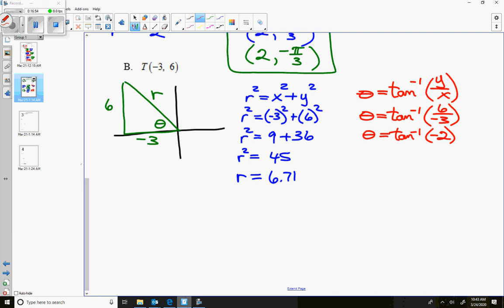So, reach for the calculator and do the tangent inverse of -2. My calculator, when I did this, was in degree mode. So you have to know which mode you're in, because you'll get different answers. Okay. In degree mode, the calculator told me -63.43 degrees.